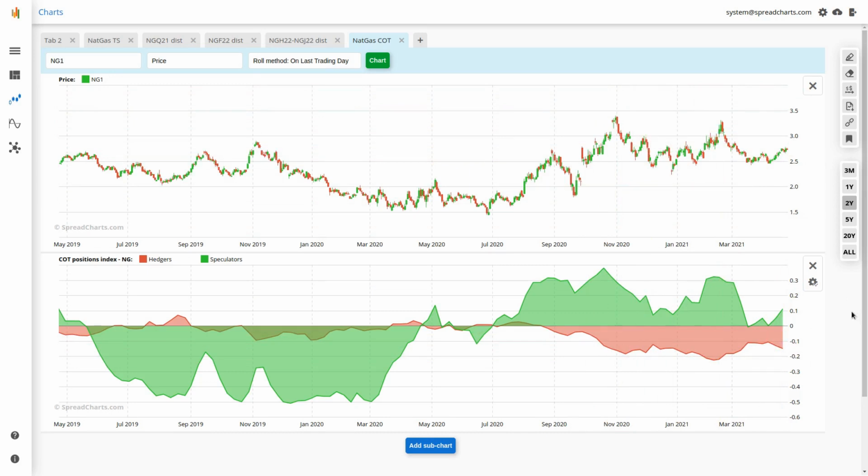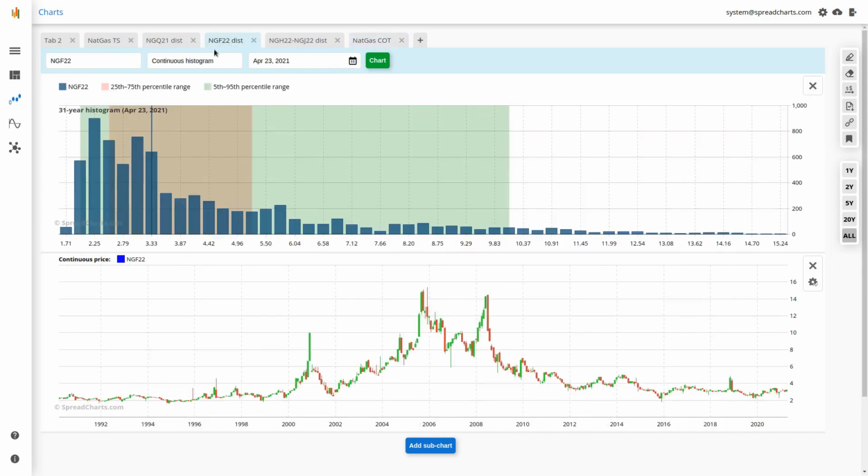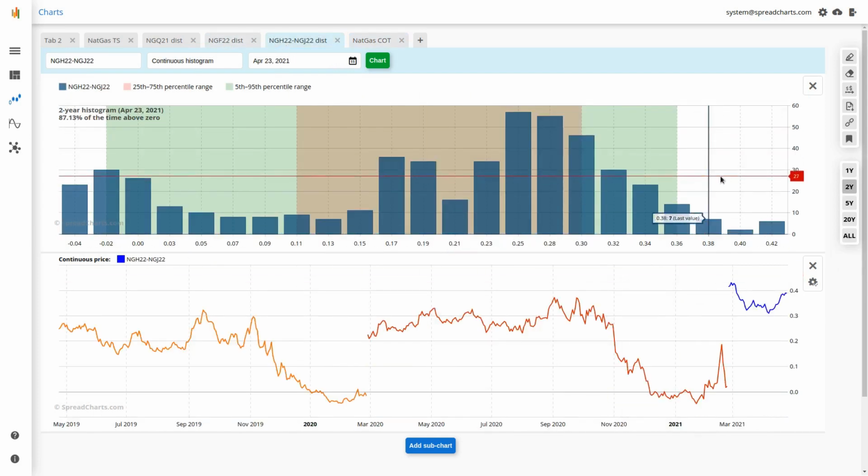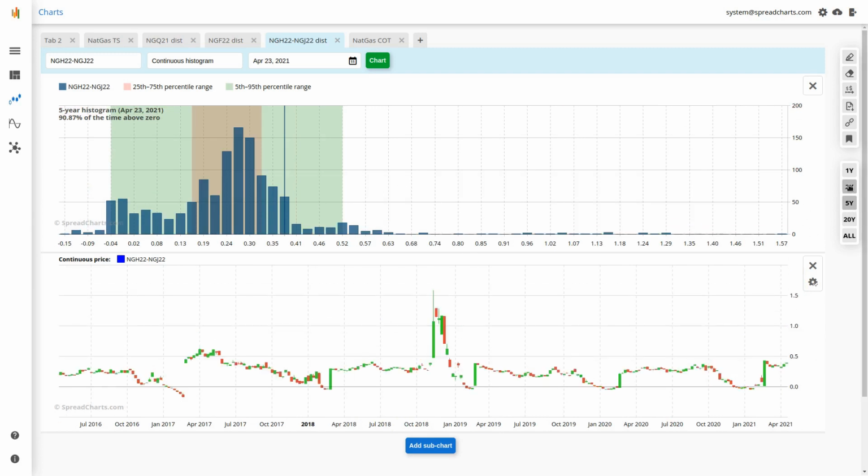So this is not an extreme. On the other hand, as you saw from these distributions, the market is overextended in the short term, especially when I analyzed the widowmaker spread.